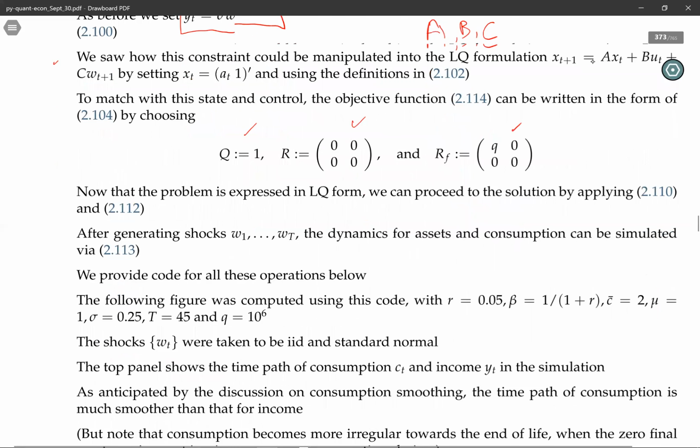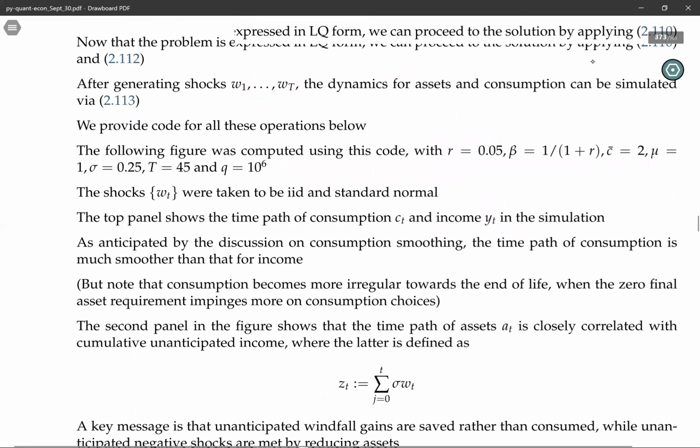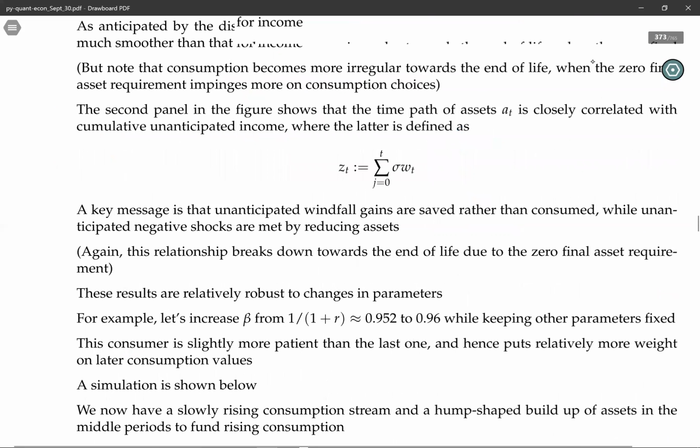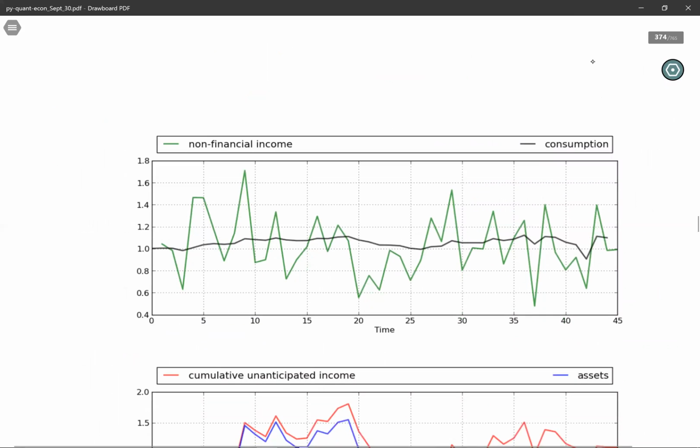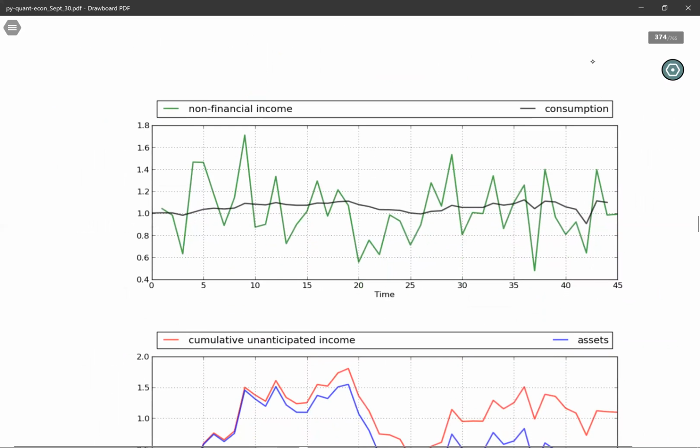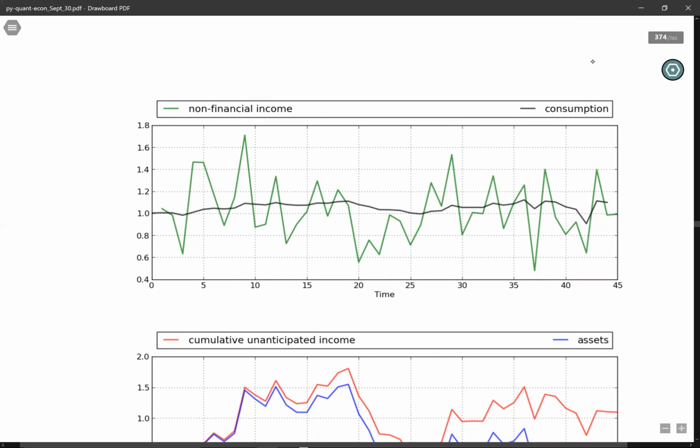So, I don't know, we coded this up. And so let's see what you get out of this. You get something telltale. So we've made this up. So here's our non-financial income. So this is actually generated. How did we solve this?